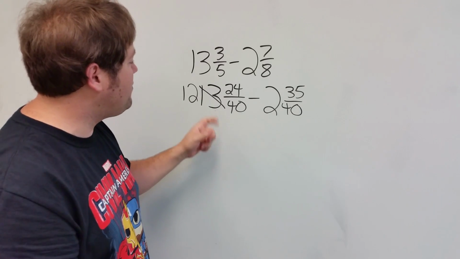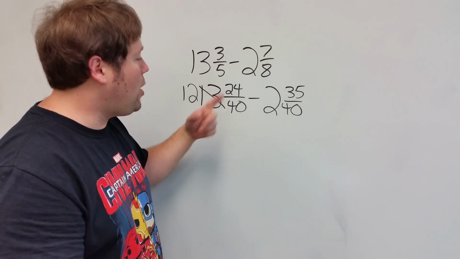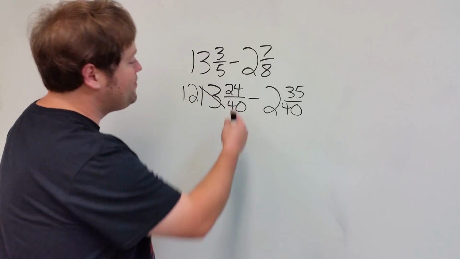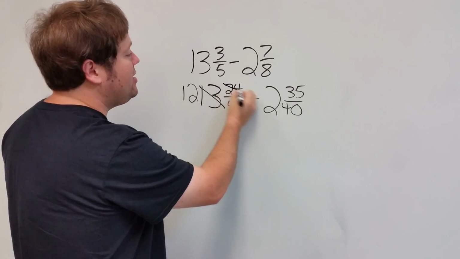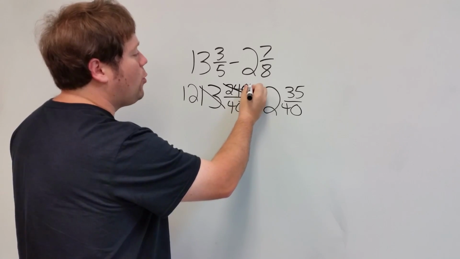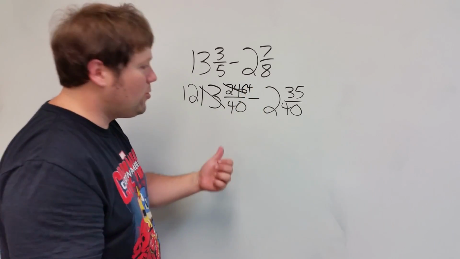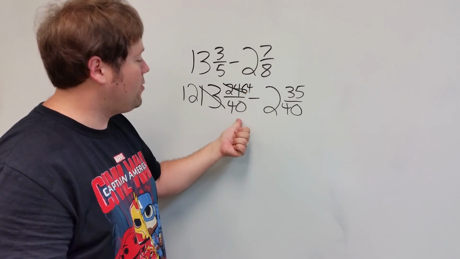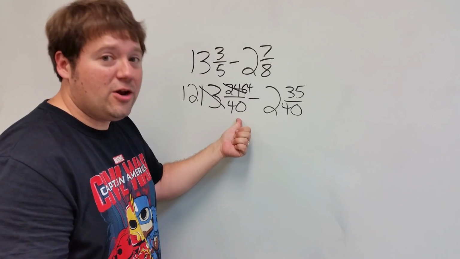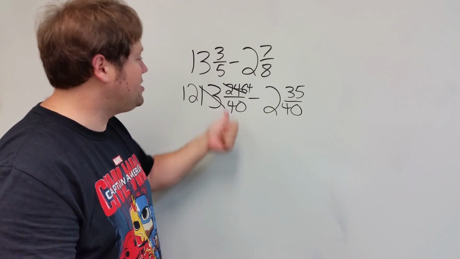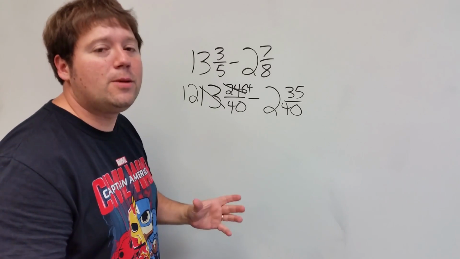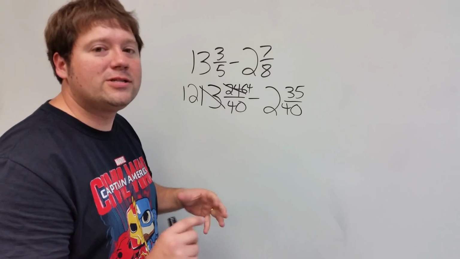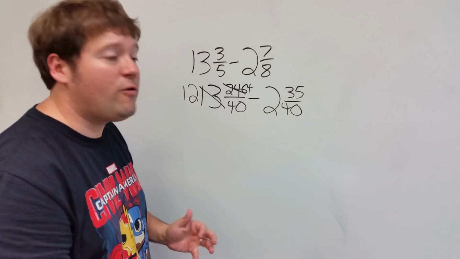So I take one away from 13. I borrow 40/40ths from it, and I add those 40 to the 24 that are already there. That means I now have 64/40ths. So 12 and 64/40ths is another way of writing 13 and 24/40ths. They have the same value, so we're not changing the number, just changing the way it looks and putting it into a more useful form.